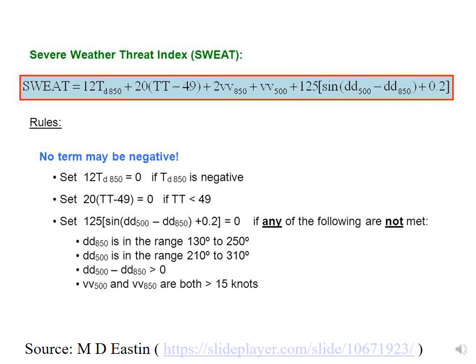So if the wind direction at 85 kilopascals is not in the range between 130 and 250 degrees, and the 50 kilopascal winds are not in the range between 210 and 310, or the change in direction is not greater than 0, or if the wind speeds are not both greater than 15 knots. So we're kind of looking for all of those sorts of things. If any of those are not met, not just one of them, but if any of them are not met, then that final term will go to 0.